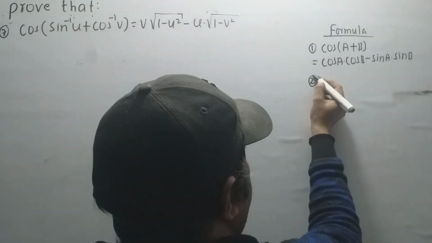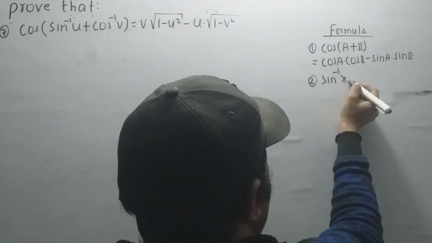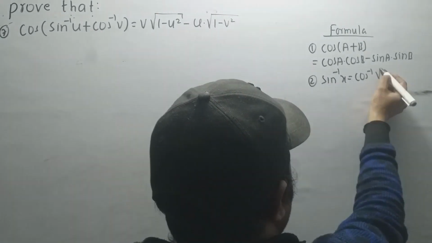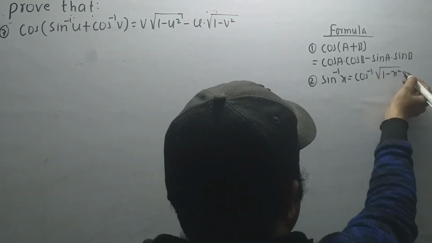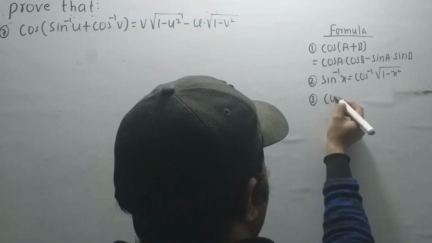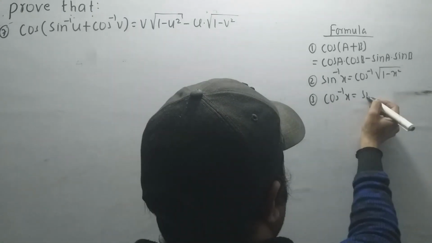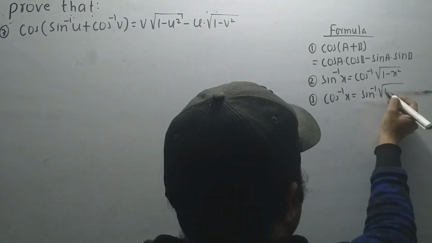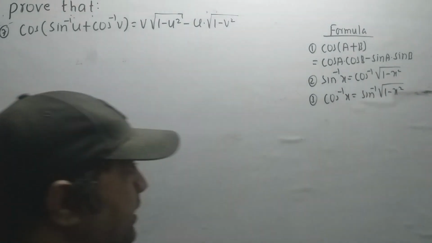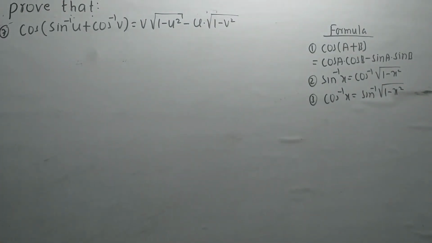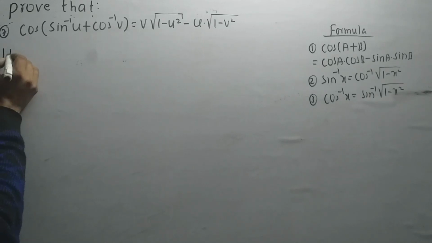Now the next formula: sin inverse x in terms of cos will be cos inverse of under root of 1 minus x square. And in a similar manner, cos inverse x you will write as sin inverse of under root of 1 minus x square.